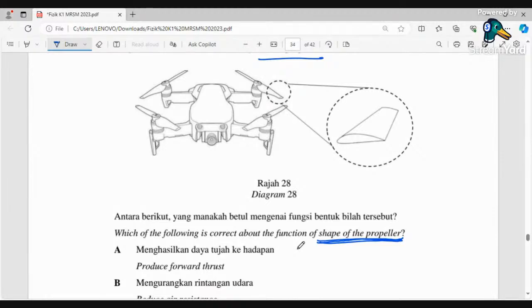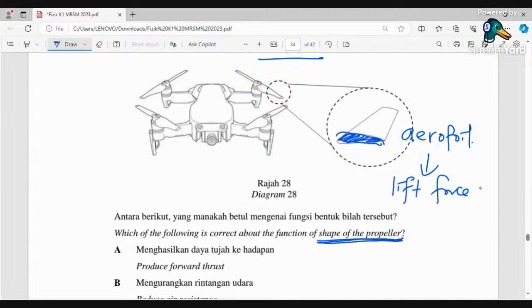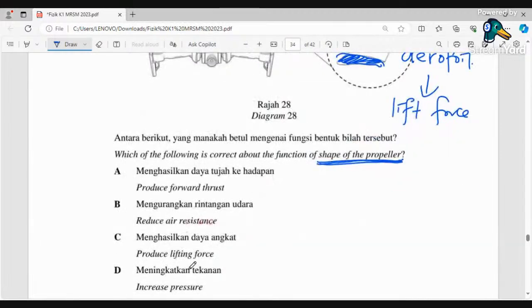Okay, kalau tengok bentuk dia macam shape dia ialah aerofoil shape, nampak tak ni? Macam plane wing ya. Aerofoil. Apa guna aerofoil? Dia nak hasilkan lift force. Okay. Jadi yang penting jawapan yang paling tepat.